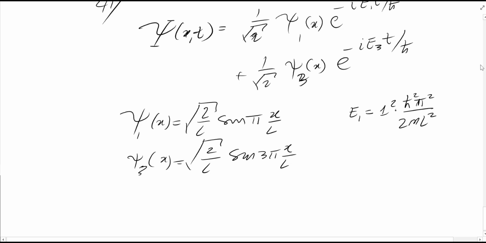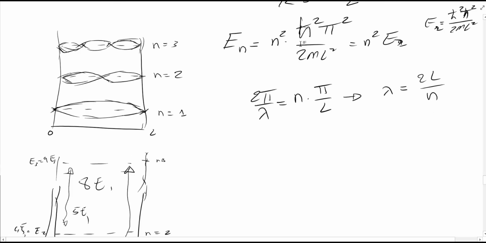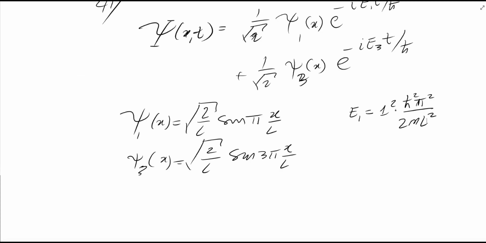Now E3, on the other hand, is 3 squared, which is 9, times the same stuff, h bar squared pi squared over 2mL squared.